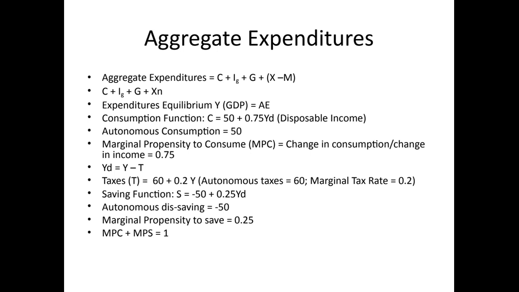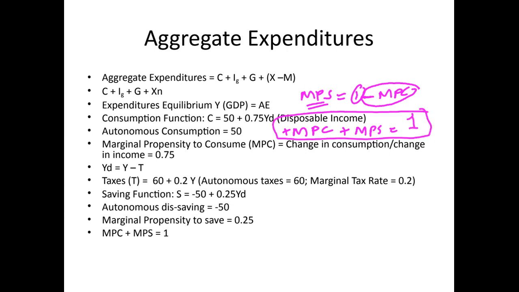I know that MPS is equal to 1 minus MPC. This is how I calculated 1 minus 0.75 equals 0.25. If you take this minus MPC to the left-hand side of the equation, it becomes MPC plus, because this is minus. So here I have a plus sign, then MPS is already here, and only 1 remains. So MPC plus MPS equals 1. This is what I'm showing here.